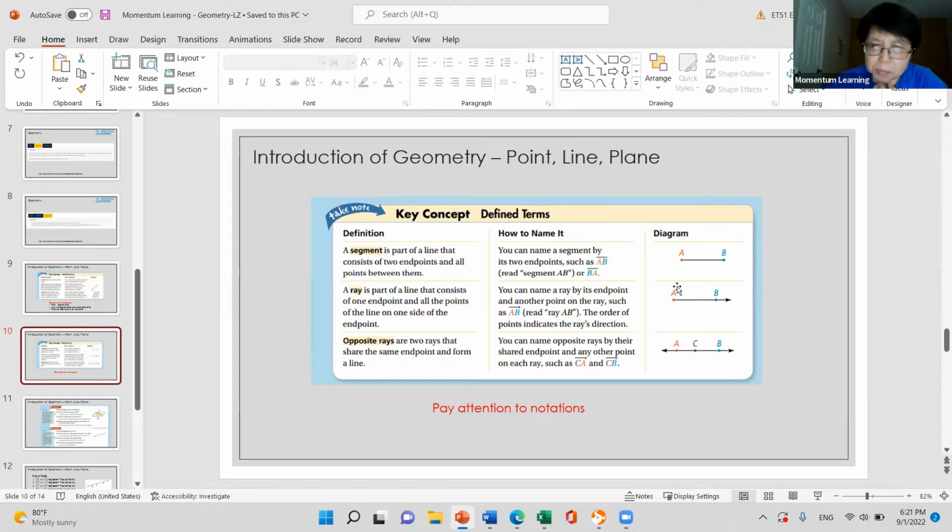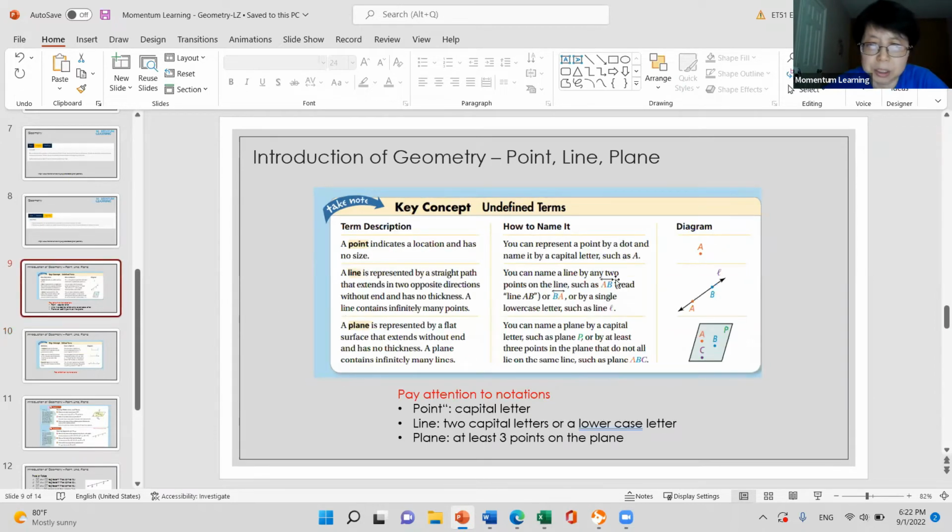And again, we name a segment by its 2 endpoints, all right? So look at the notation. Here is the segment. Pay attention to the difference between the notation of the line.